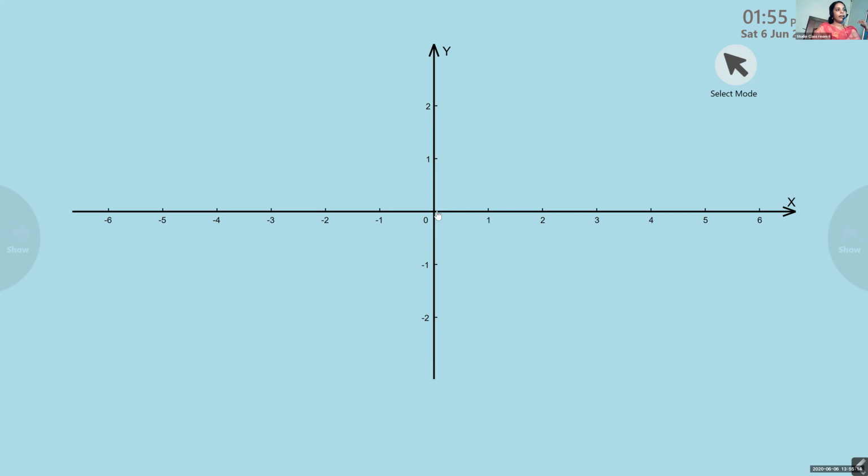You take as you like, 2 centimeter or 3 centimeter, no problem, but the gap should be same. If you are taking 2 centimeter, you make all the intervals 2 centimeter. If you are taking 3 centimeter, you should make all the intervals 3 centimeter. Should be equal, same interval. And here left side it is negative numbers and right side it is positive numbers.